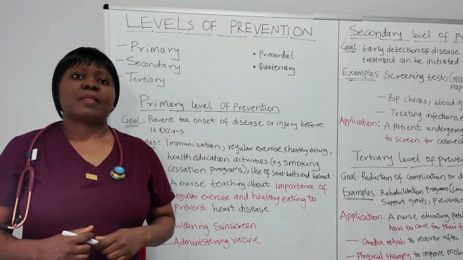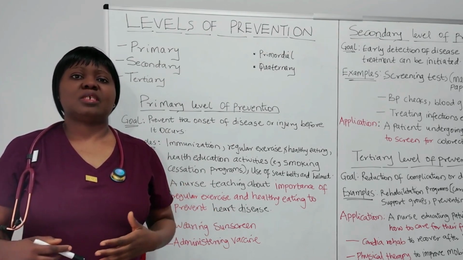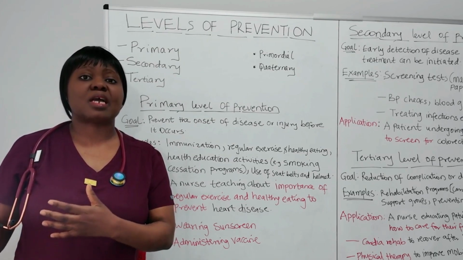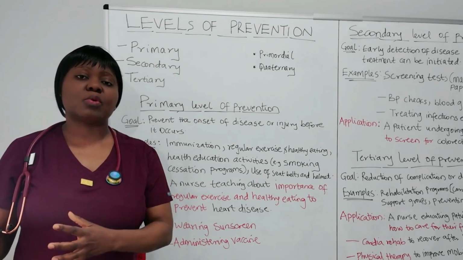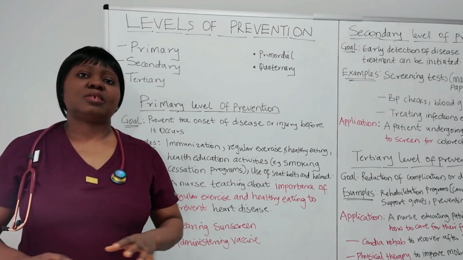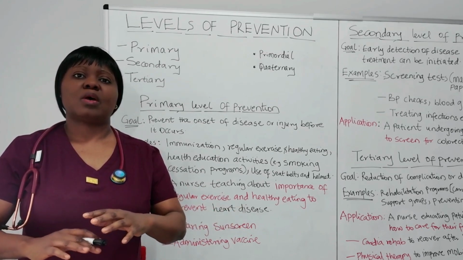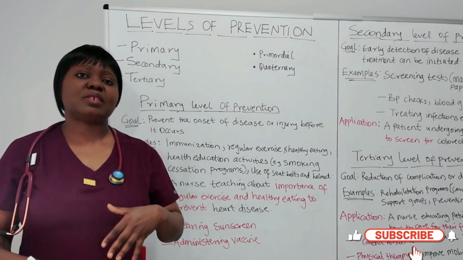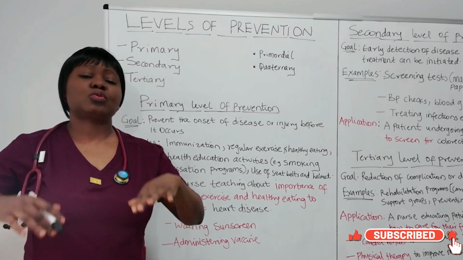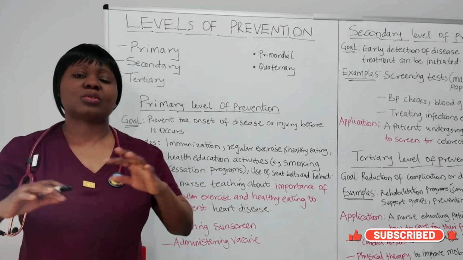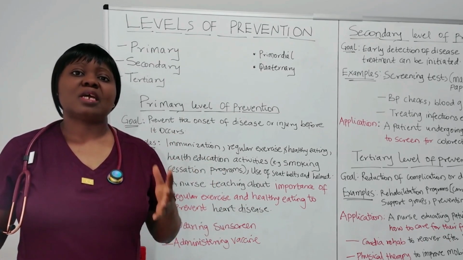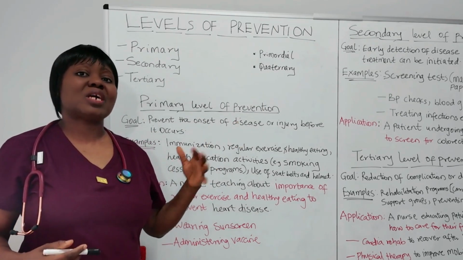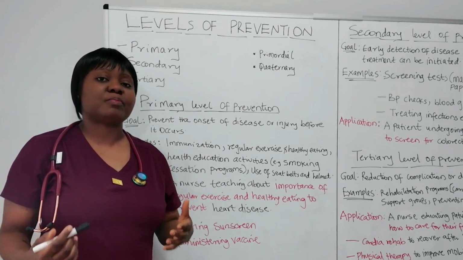It's like the government deciding, instead of telling people to stop smoking so they don't develop cancer and other problems that come with smoking, why don't we just ban the use of tobacco and any products that can put them at risk in the first place? Such activities are primordial prevention, activities carried out to prevent exposing people to risk factors. So primordial comes before primary level of prevention.